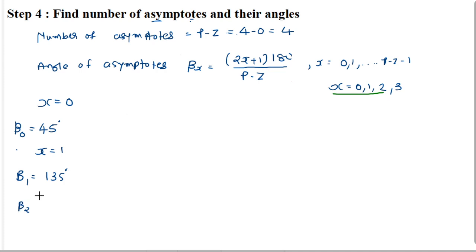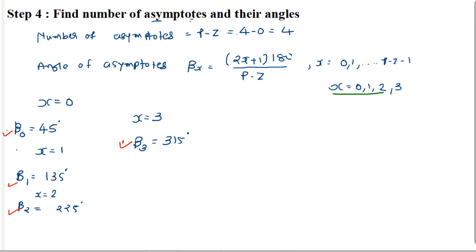When x equal to 2, beta 2 is equal to 225 degrees. And when you put x equal to 3, beta 3 is equal to 315 degrees. These are the asymptote angles beta 0, beta 1, beta 2 and beta 3. There are 4 angles.